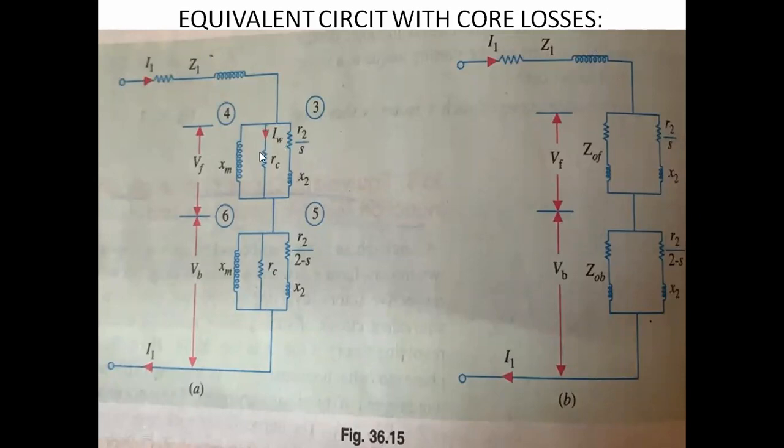This resistance is connected either in parallel or in series with the magnetizing reactance. Here I am taking the core loss resistance RC in parallel with the magnetizing reactance XM.